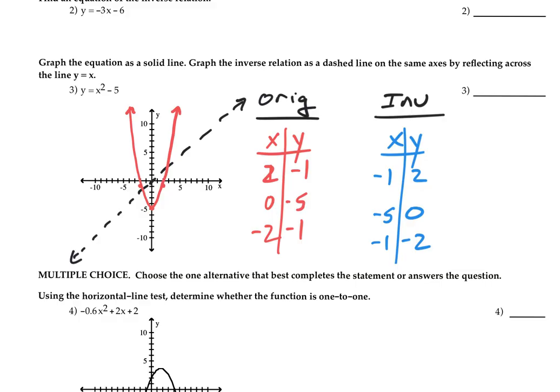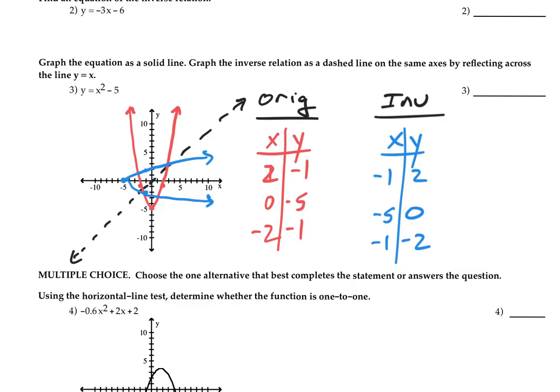You can do more than that if you want to, but 3 should be sufficient. And there's our new graph.